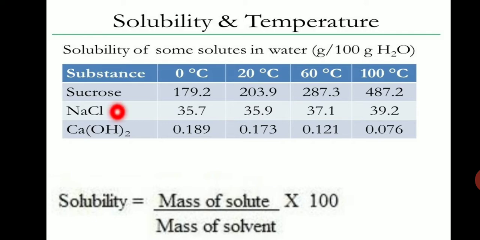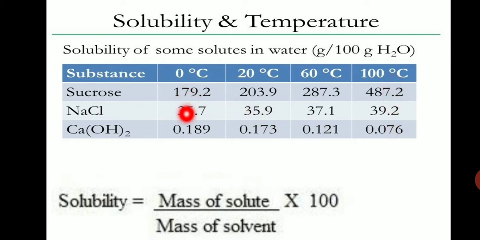Okay, next is calcium hydroxide. Calcium hydroxide can be dissolved in 0.89 gram in 0 degrees Celsius, 0.173 gram in 20 degrees Celsius, 0.121 gram in 60 degrees Celsius and 0.076 gram in 100 degrees Celsius.